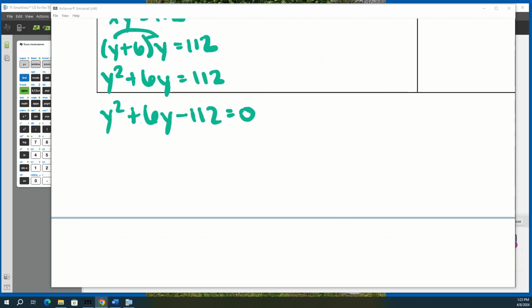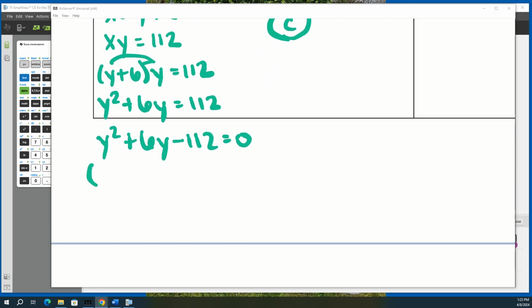Okay, and then since this is a trinomial, we're not going to do the factoring out a common factor thing. We're going to do the 2 parentheses thing, where what we put here and here need to give us y squared. It's obviously y and y.